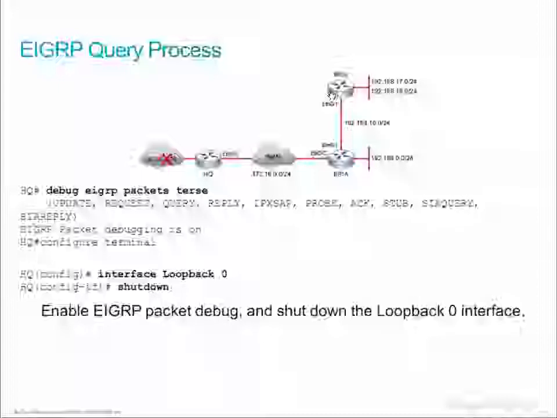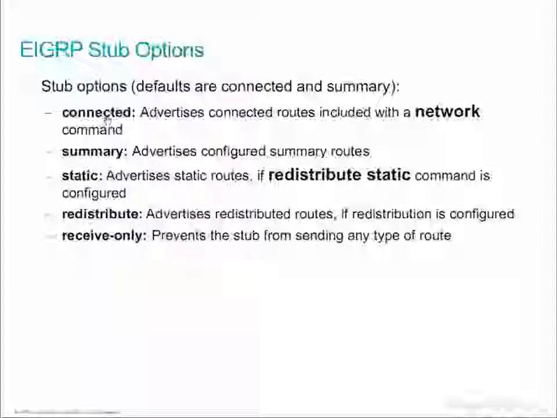But we're also going to restrict what BR1A advertises back to its neighbors. That's the second part of a stub configuration. What does BR1A advertise back to its neighbors as part of this stub configuration process? And that's what these 5 options represent.